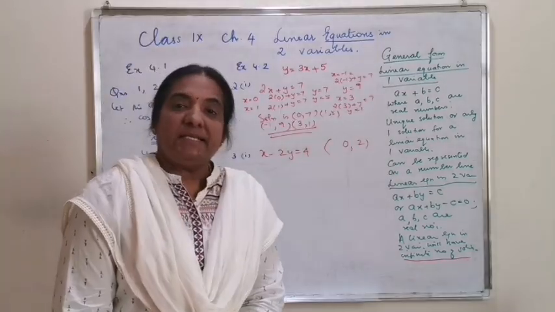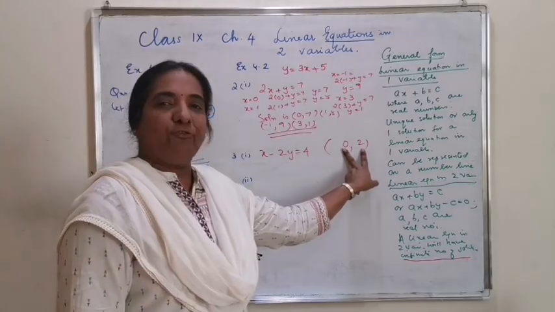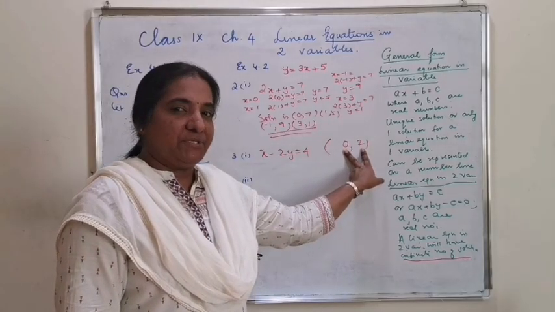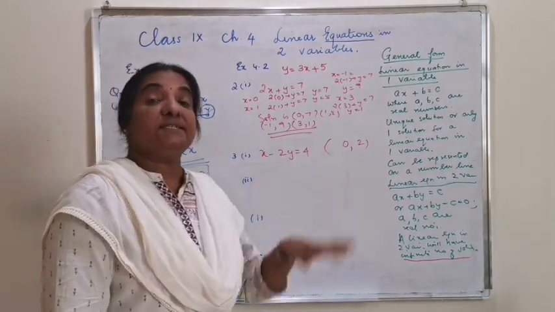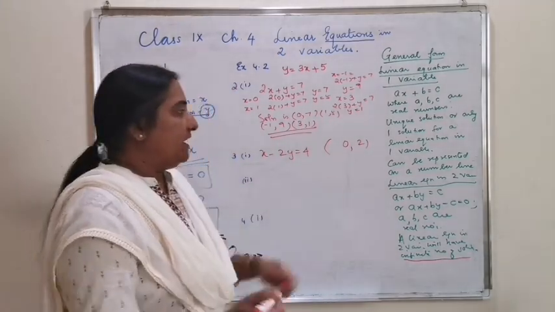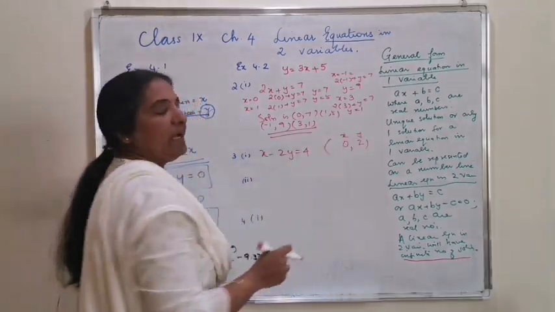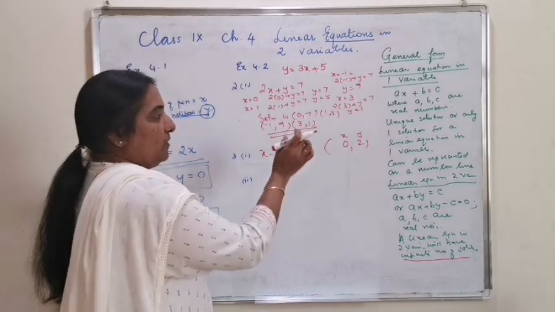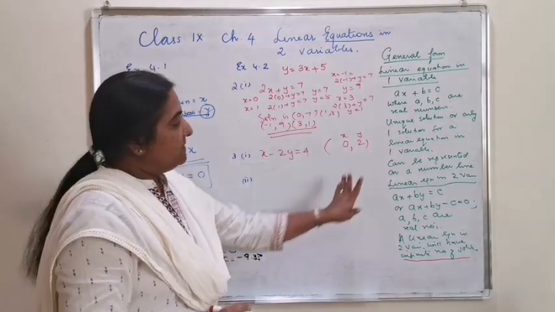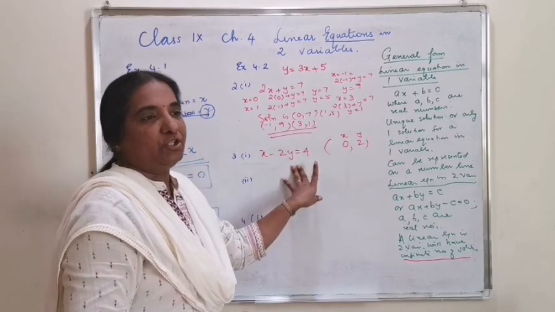Question 3 is asking you to check whether the given ordered pair of values satisfies this equation, that is, whether it is a solution. Whenever an ordered pair is given to you, we always consider the first value as x and the second value as y. You have to check whether this ordered pair is a solution or not.